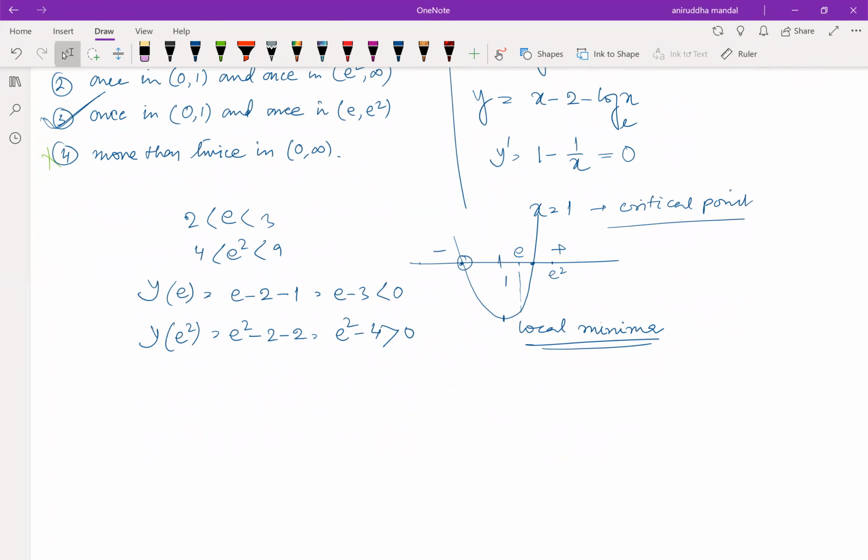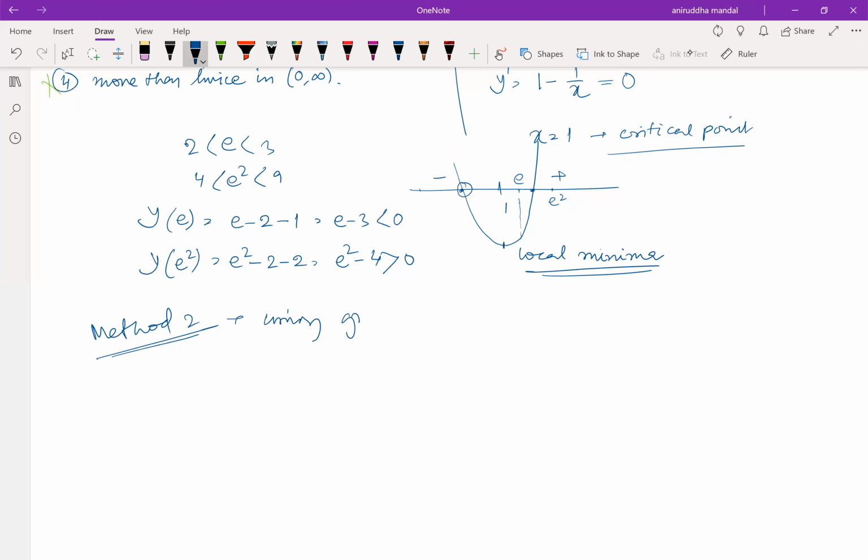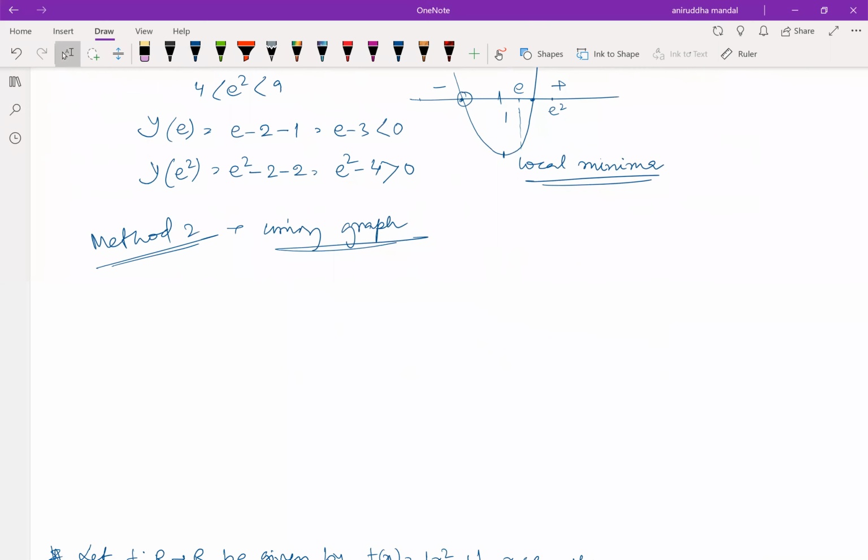We can do the same problem using a graph. So method 2 is using a graph, the graphical approach. Let's draw the graph.